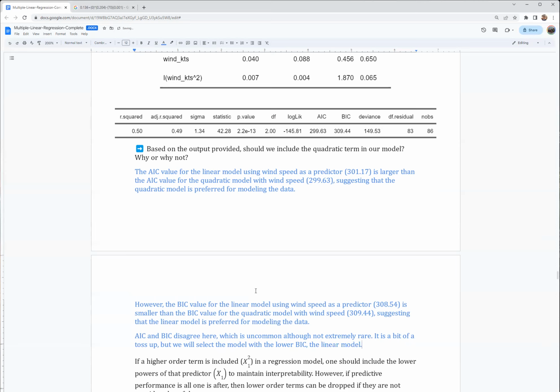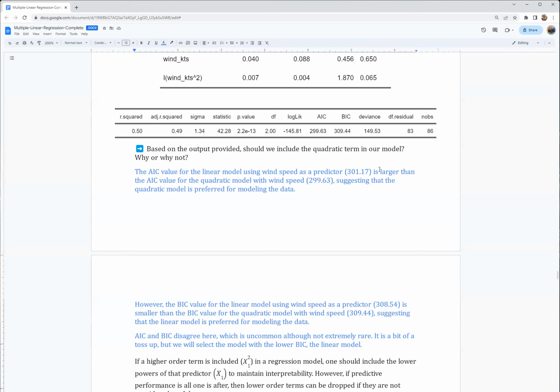Okay. And I think it's also a good rule of thumb that if it's close, the general rule in statistics and predictive modeling, if models are performing very similarly, the best idea is to go with the simpler model. In this case, that's the linear model.